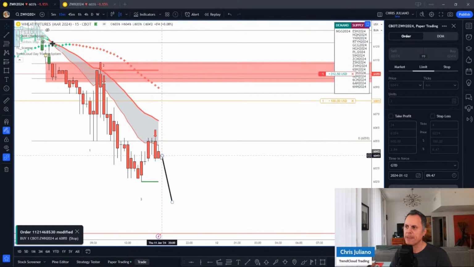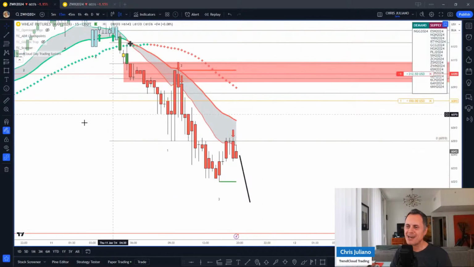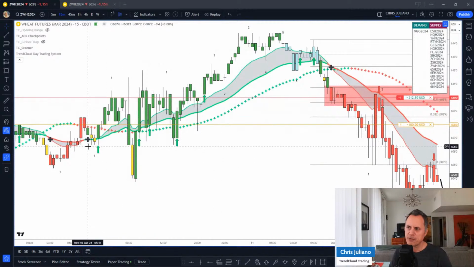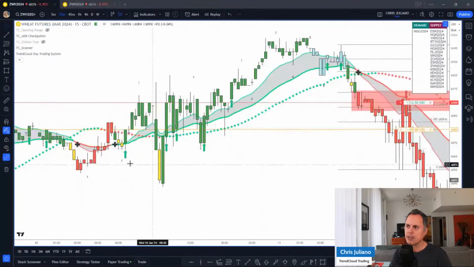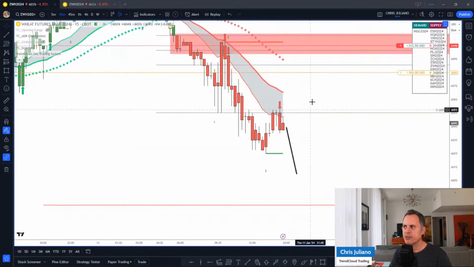If this thing rips to the upside, hey, we don't know what's going to happen, but we'll lock in that $100. The idea, guys, is to stay in the trade from crossover to crossover. We get in the trade, and we don't want to get out of the trade until we see blue candles or a crossover. That's what we're going to do here.